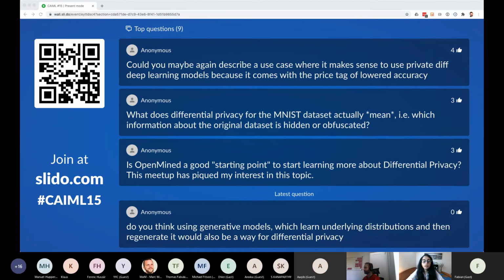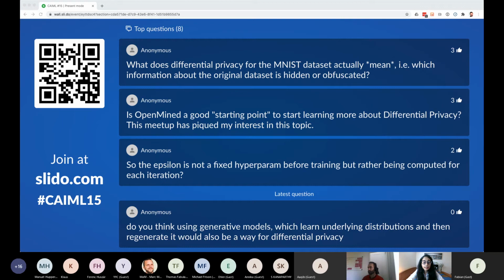The hospitals wouldn't want to release such data because it can be potentially harmful to the people who are contributing to that data set. So that's the cost you pay. You get access to really important and meaningful data sets by making them differentially private. And even though you're not able to achieve 99% accuracy, maybe you're getting around 95% accuracy, it still allows you to get access to a lot of data that you originally couldn't.